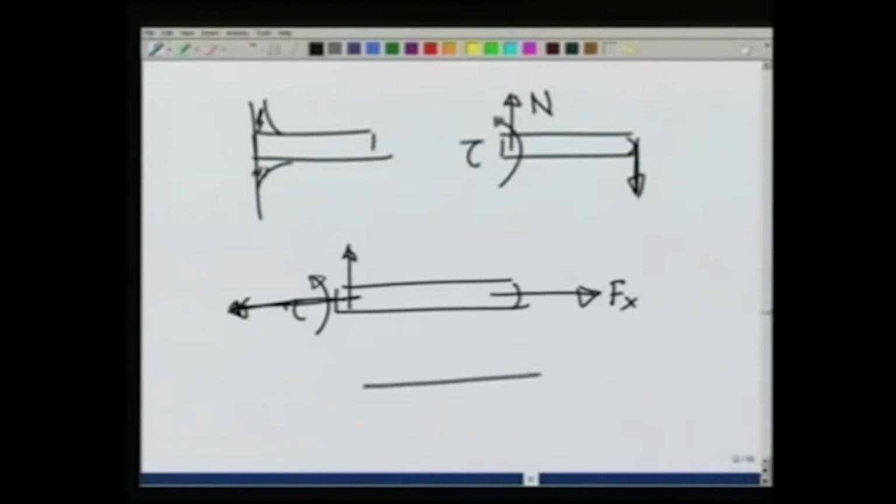Therefore, the complete picture: a built-in support system or a welded system is capable of generating a torque, a vertical force and a horizontal force, and this is how we represent a built-in or glued system.